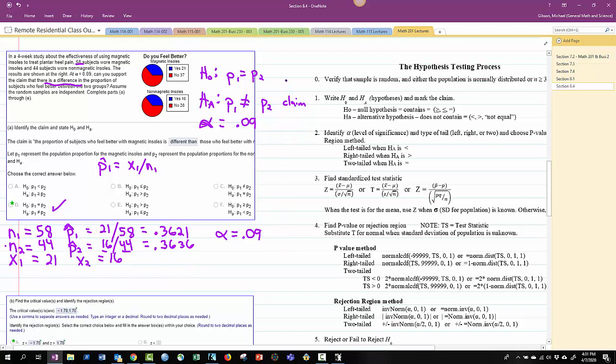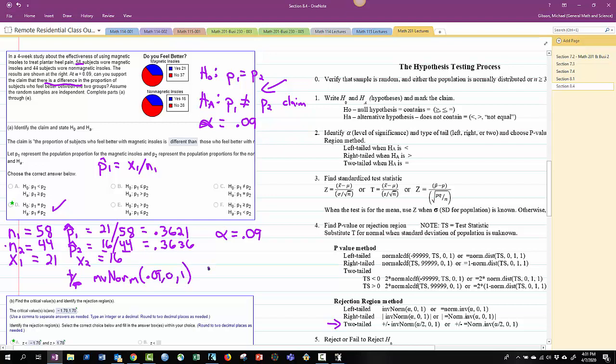So this one is a rejection region question, right? Our alternative hypothesis is not equal to, so it's two-tailed, rejection region two-tailed, right? So our rejection region is going to be plus and minus inv norm, put in the alpha, 0 and 1.